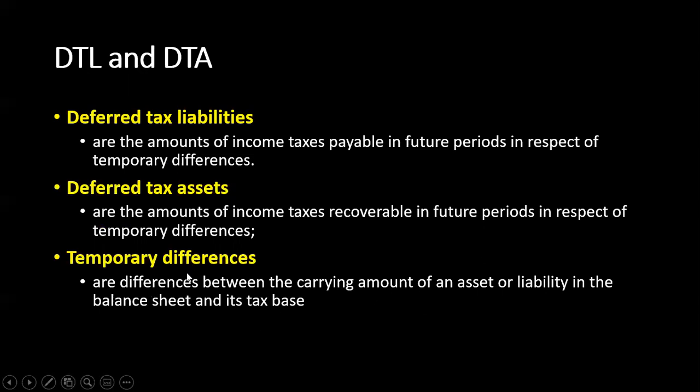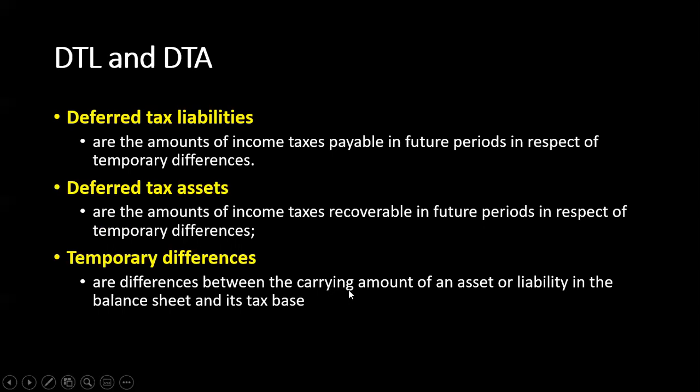So the temporary differences are the differences between the carrying amount of an asset or liability in the balance sheet and the tax base. So there are two terms here, carrying amount and tax base.